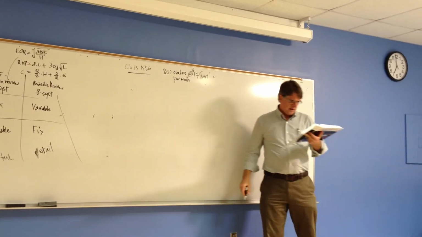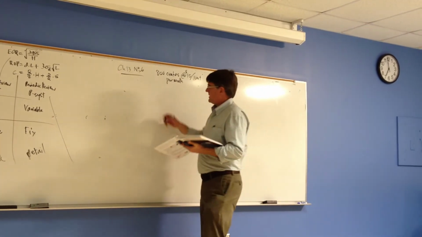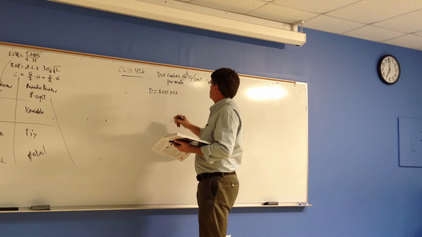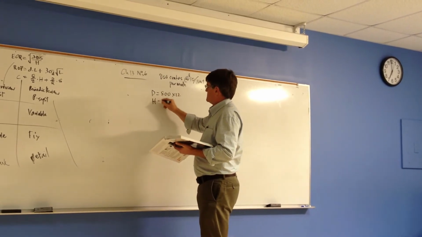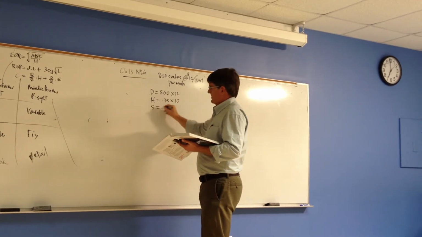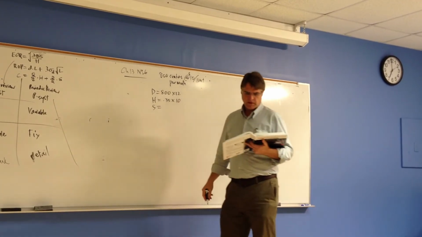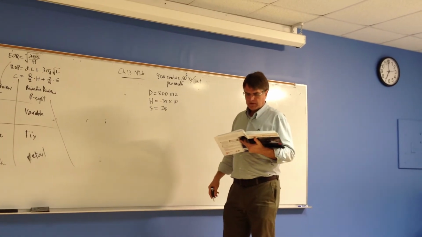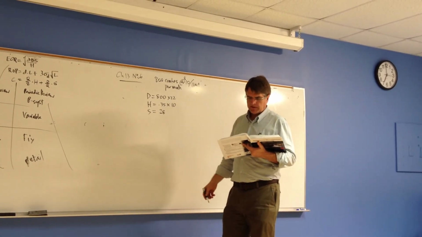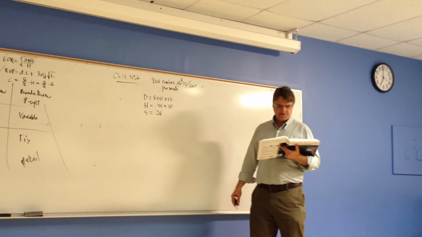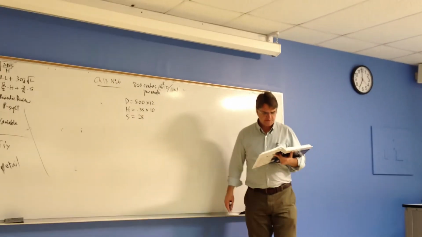Managers assigned an annual carrying cost of 35%, so we have D is equal to 800 times 12. H is 35% of the $10. What is our order charge? $28. And they order once a month. How much would the firm save annually in ordering and carrying costs by using the EOQ?